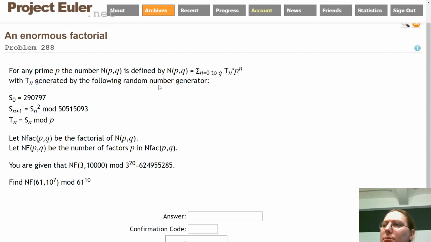The mod of a product of primes is the mod of each of the numbers with each of the primes.